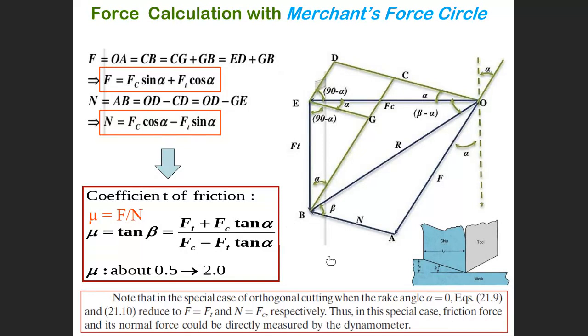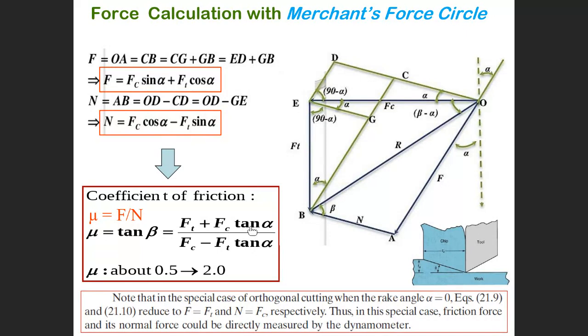However, they say that if alpha equals 0, you get this case, because alpha is the tool angle. If the tool is vertical and alpha equals 0, what will happen?